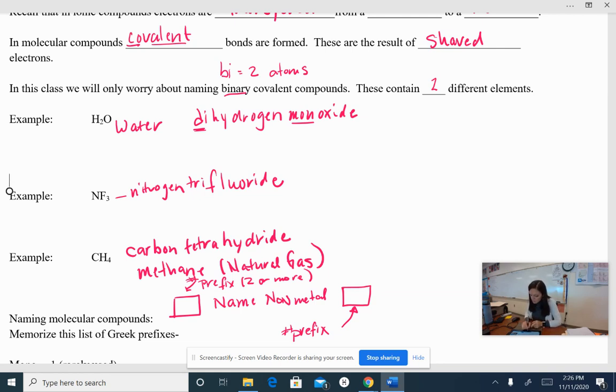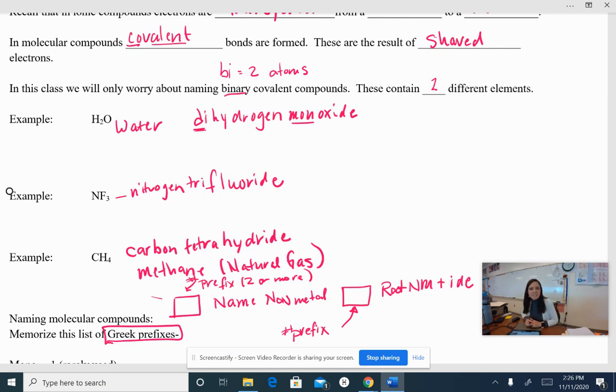But notice we don't use the full name of the second nonmetal. We use the root of that nonmetal name, and we add on the suffix "-ide". So these also end in "-ide", just like our binary ionic compounds do. Now, these boxes here that are our number prefixes, they are given to us by Greek prefixes.